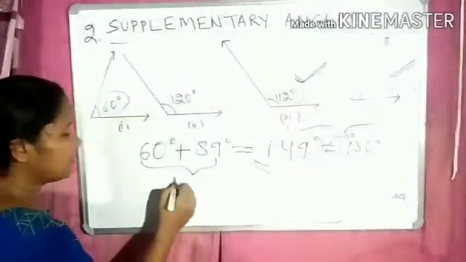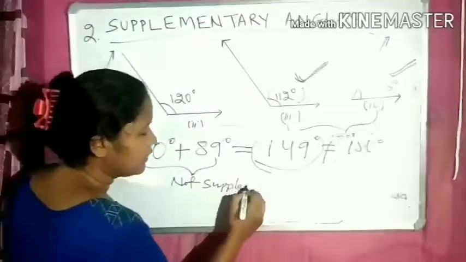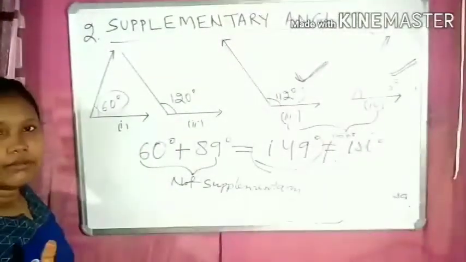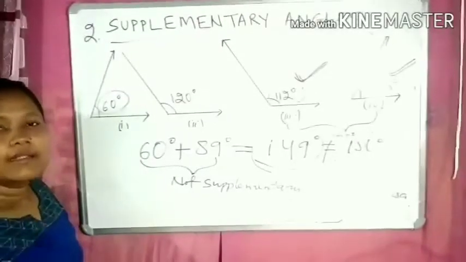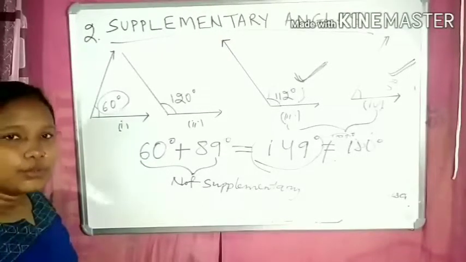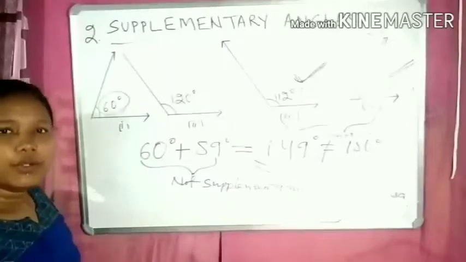So these are not supplementary angles. So what we have found is that no two acute angles can be supplementary to each other, or two acute angles cannot be supplementary to each other.